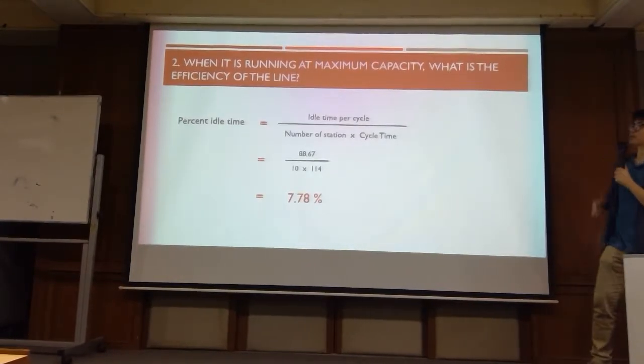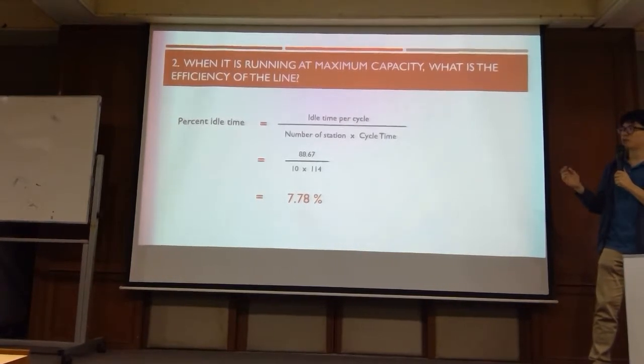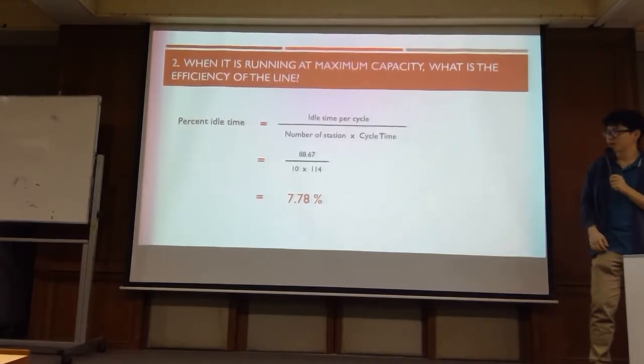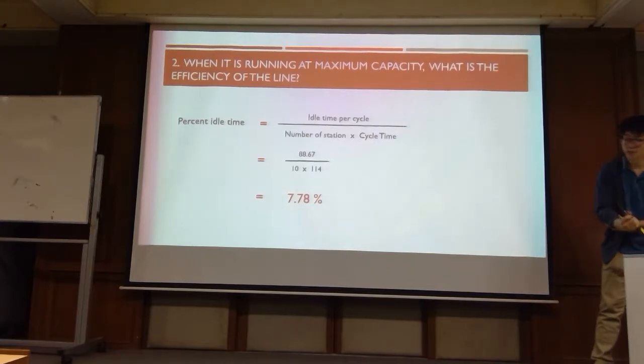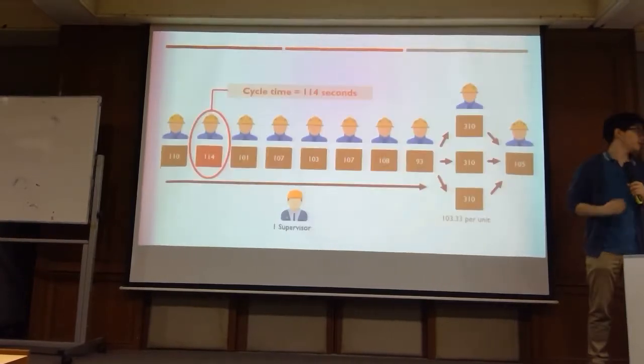Then we calculate the percent idle time using the idle time in the cycle, the number of stations, and the cycle time we use. So we get 7.78%. And we subtract that from 1 to get the efficiency percent, which is 92.22%.